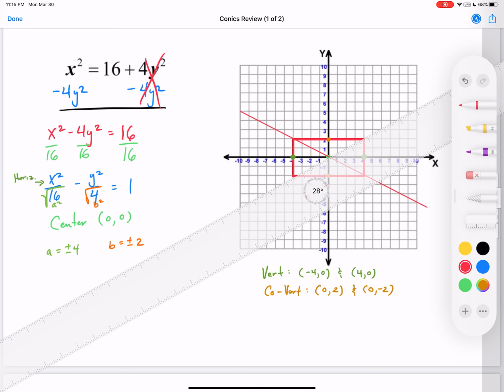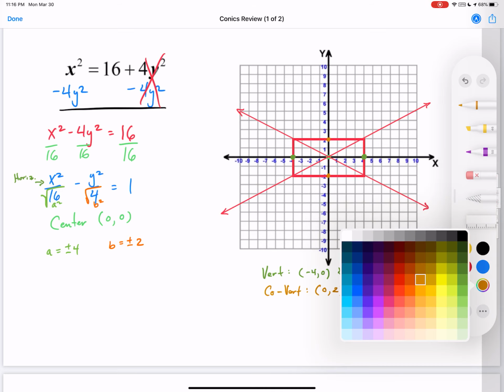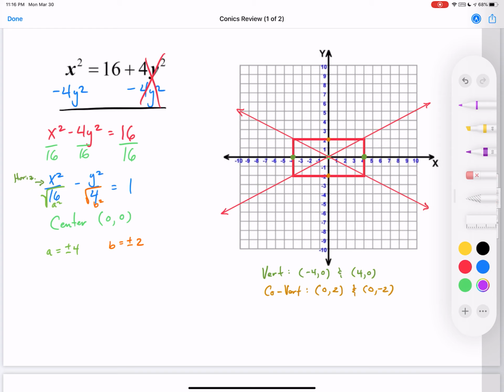Now, these lines go on forever, so we should put arrows on both sides, making them go in both directions forever, because our hyperbola will go on forever as well. Okay, so here I have technically enough information to draw my hyperbola. So I'm going to go ahead and sketch that out.